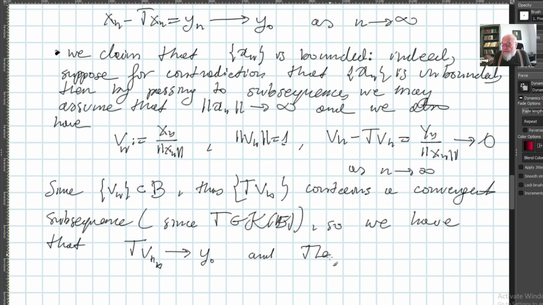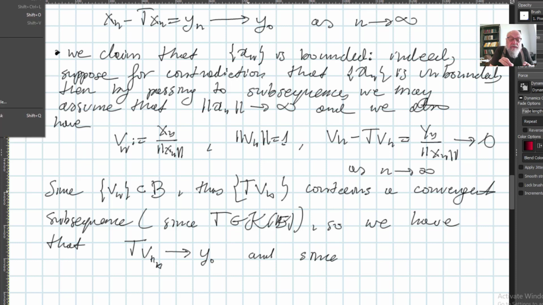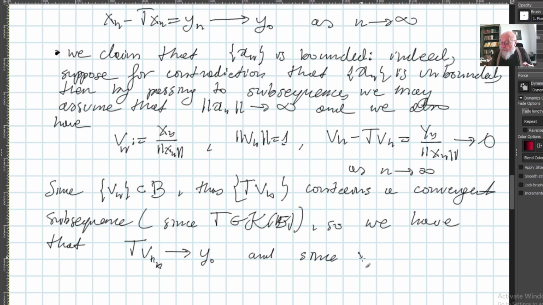And therefore V n k converges to the same limit, since V n k minus T V n k goes to 0.